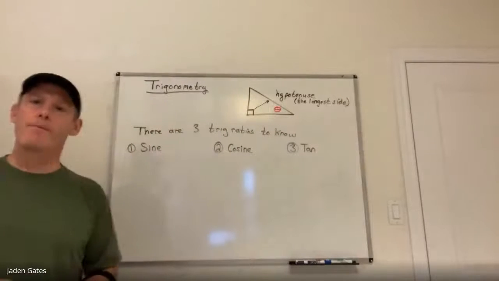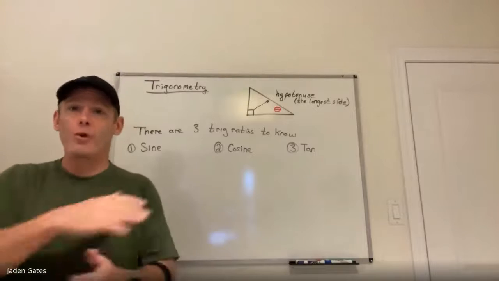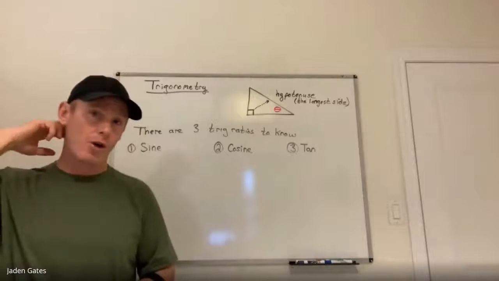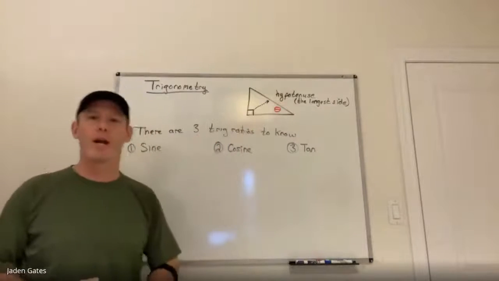Now, again, most often in trigonometry, that's useless information because you don't know all the sides of the triangle. And so the way to find the hypotenuse, again, it's always across from the right angle.